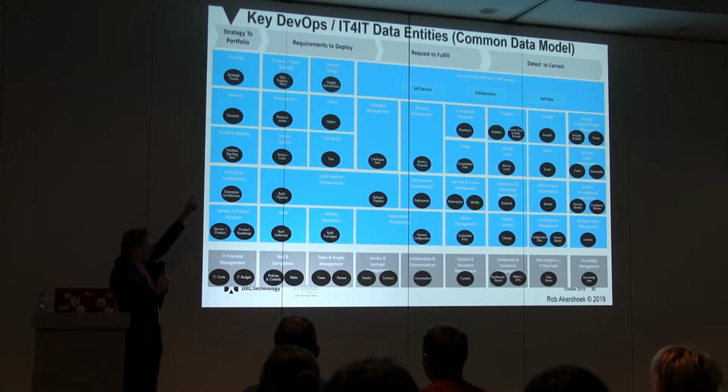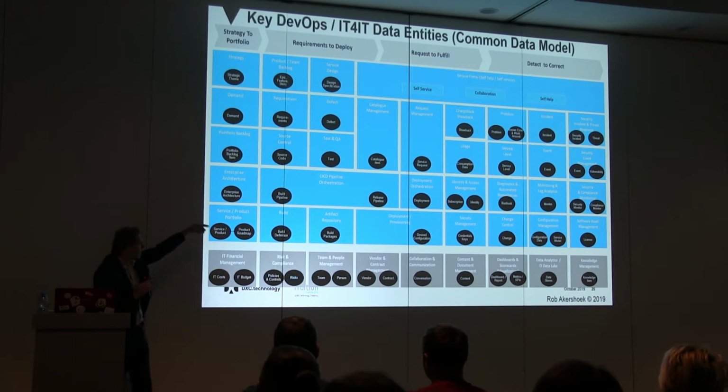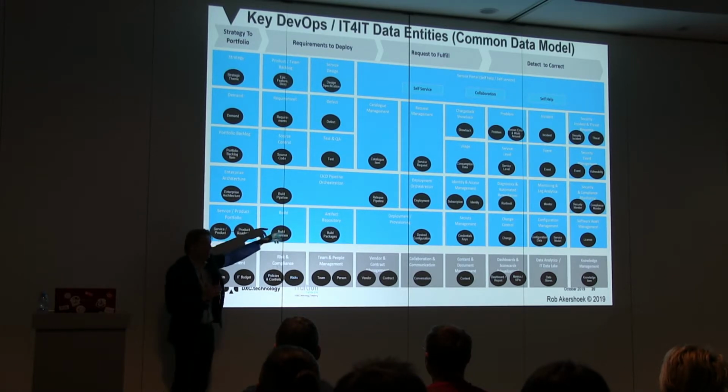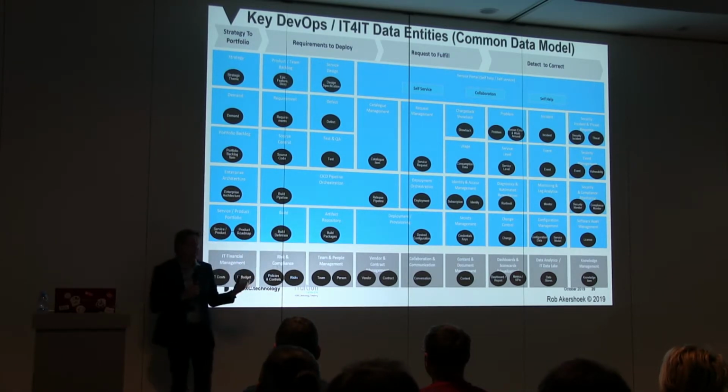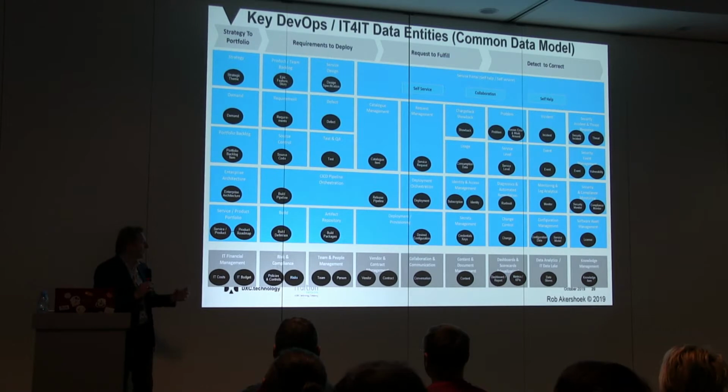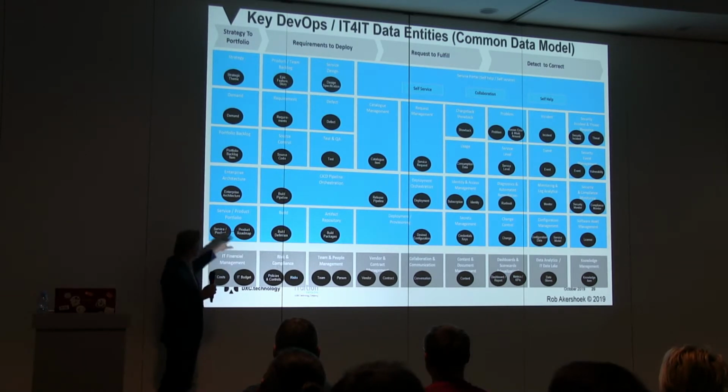Like we have our backlog items, stories and features, tasks, we have tests, we have our catalog item, we have the pipeline. Pipeline is a data entity itself, the build and the release pipeline. It can be a YAML file, like in Azure DevOps, but it's actually the data that we have there. And we have build definitions, we have our products, we have architecture, the backlog items, so there's a lot.